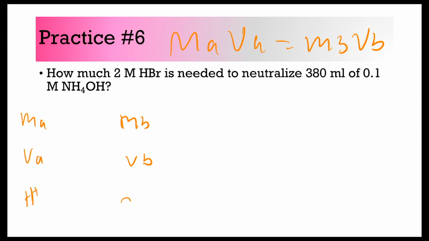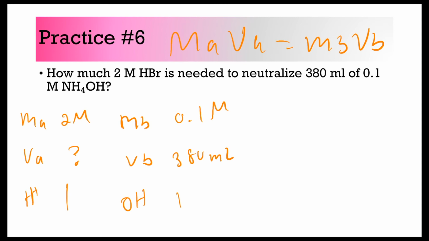Ma Va, Mb Vb. Okay. How much 2 molar HBr, so that is our acid, 2 M, we're looking for volume. That acid gives off 1 H. Is needed to neutralize 380 mL, that's the amount of our base, of a very weak, 0.1 molar solution of NH4OH.